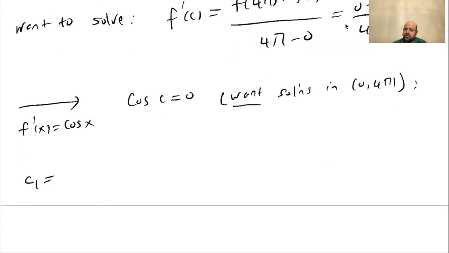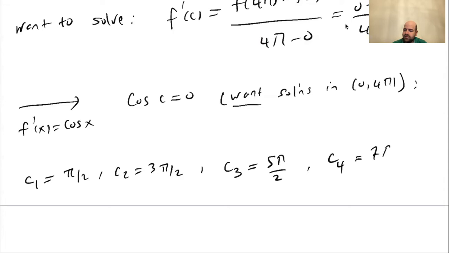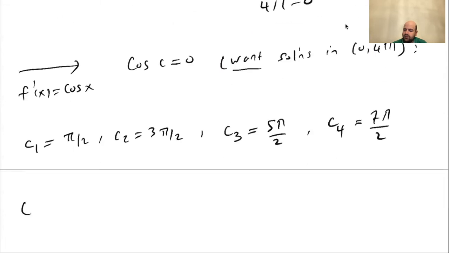So c1 equals, the first solution, pi half. Then c2, 3 pi half. c3, 5 pi half. And c4, 7 pi half. So 4 values for c.